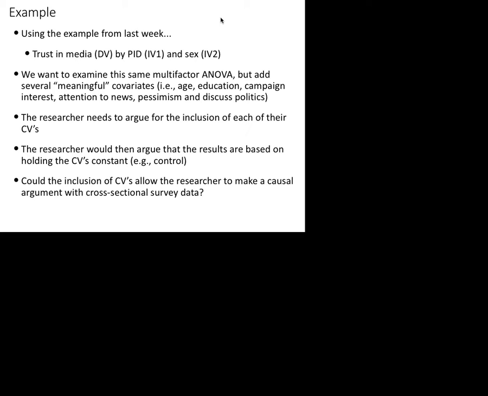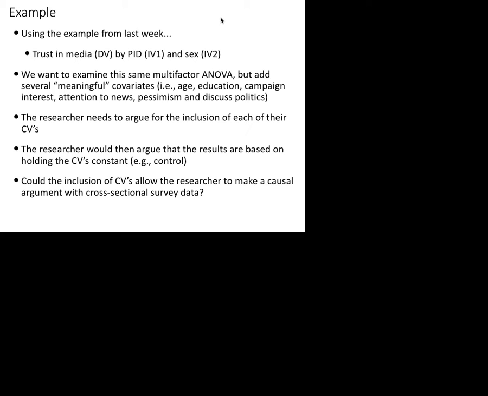That's one of the prices you pay for adding covariance: it does change your degrees of freedom. I'm not quite sure I follow you in terms of the adjusted R square. I might have them wrong. In this context, we'd probably use eta square or partial eta square.